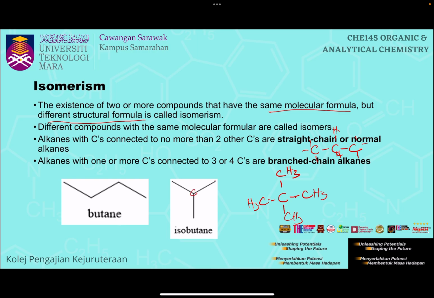This carbon has 1, 2, 3: there's one here, one here, and then another one will be hydrogen, right? And then this one is all straight chain. So look at the number of carbons, 1, 2, 3, 4 and 1, 2, 3, 4, the same number of carbons. But this is straight and this is branched. That is the main difference. This will affect the physical properties later.